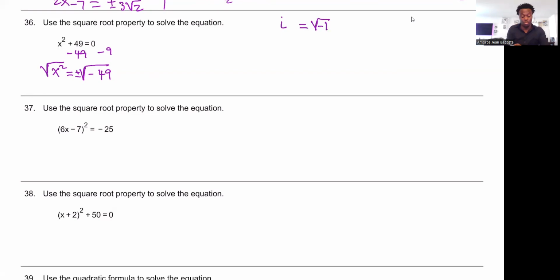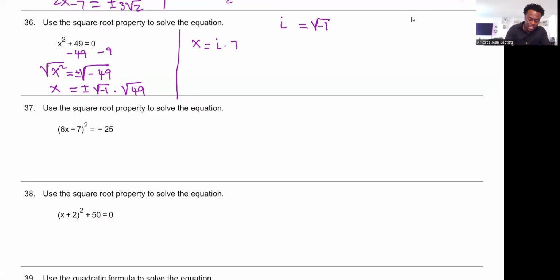Now we can separate this into plus or minus square root of -1 times square root of 49. And then now we are free to say that x equals, this is i, so that's i, times the result of the radical, square root of 49 is 7.